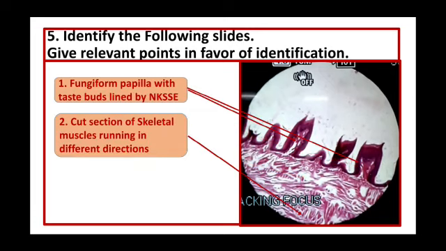So these both, what we have focused is fungiform papillae, and these contain the taste buds. You can see the taste buds. The lining epithelium is non-keratinized stratified squamous epithelium, and the same skeletal muscles are seen, cut sections which are running in various directions.